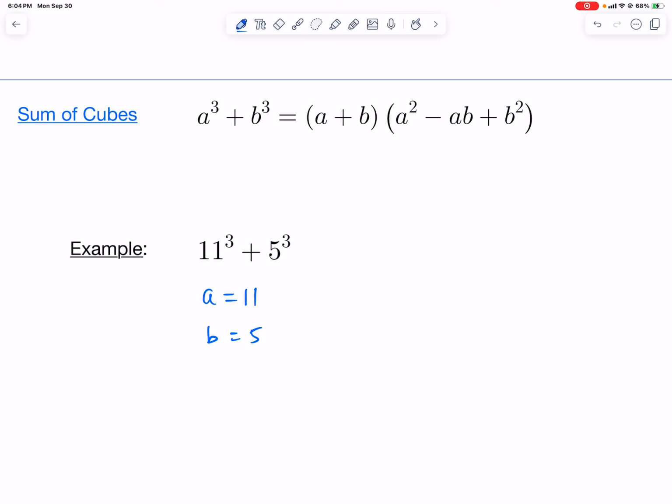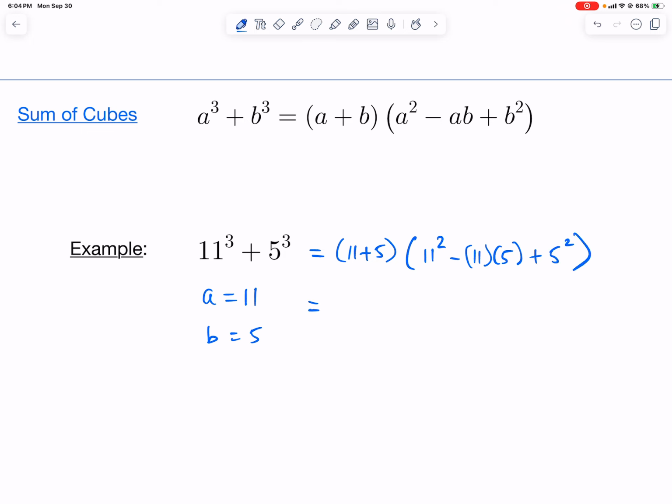So the sum of those cubes, if we follow this particular format, we're going to get 11 plus 5 times 11 squared minus 11 times 5 plus 5 squared.